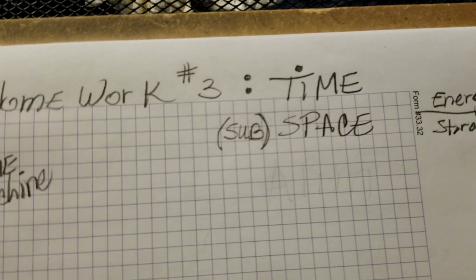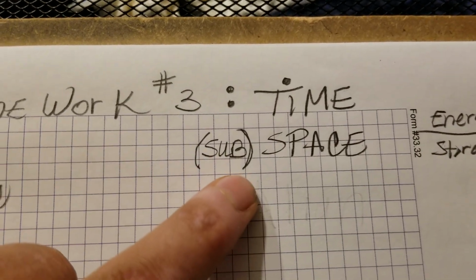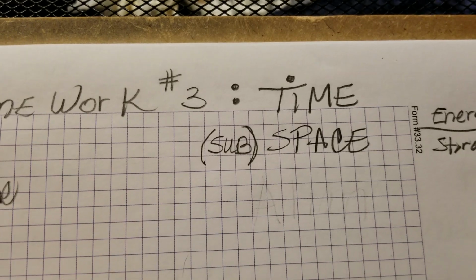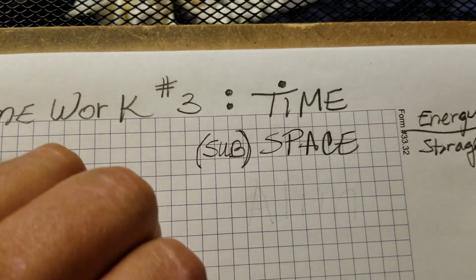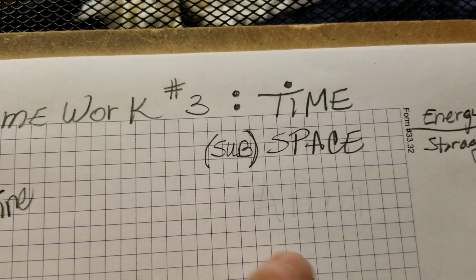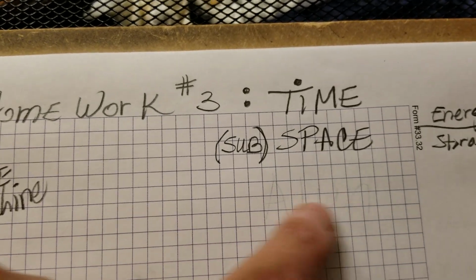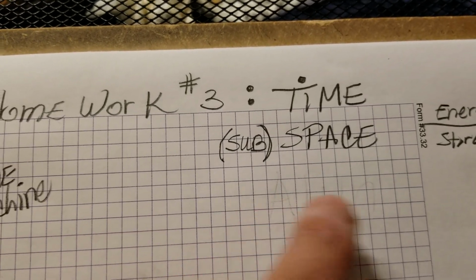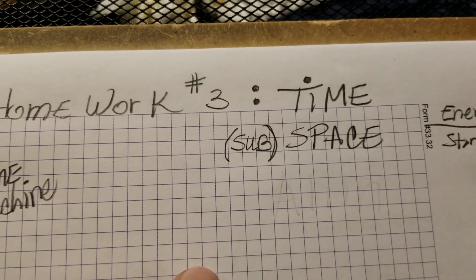And also space, or in other words, subspace. If you open up this door of the space that you're in, that's space, and then the second factor is subspace. The speed of light is a snail's pace compared to subspace.